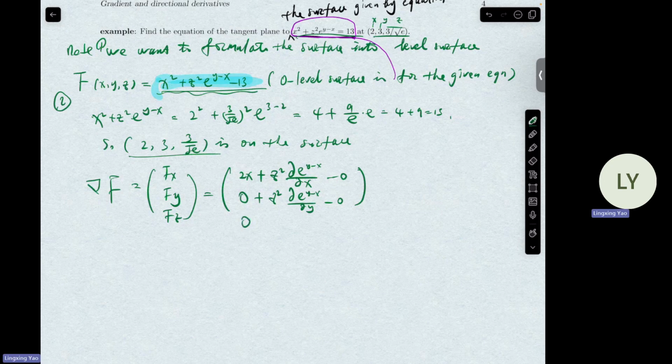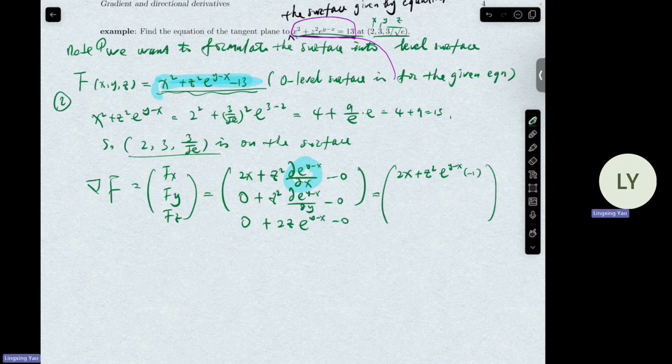X squared partial derivative with respect to z is 0, plus 2z e to the y minus x, minus 0, right? So this is relatively easy to compute because we've got to use the chain rule, and the chain rule is e to the y minus x, and then we take the derivative of y minus x with respect to x, which is -1, right?